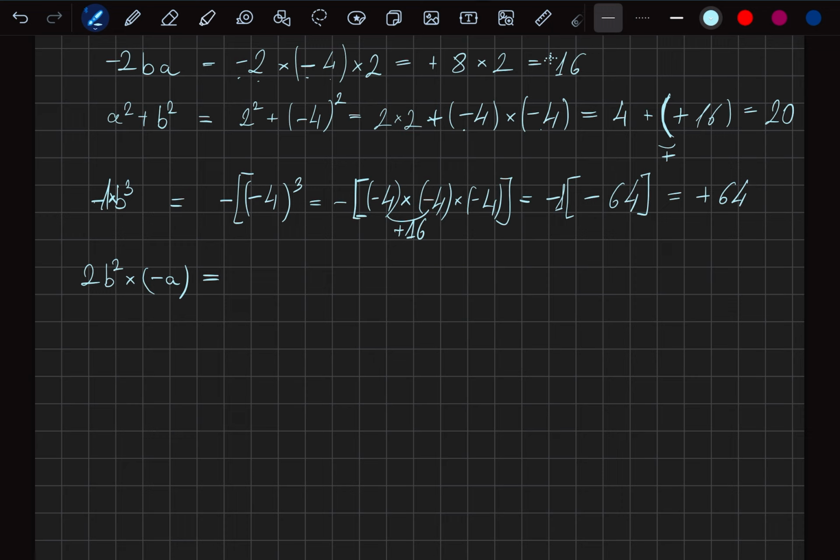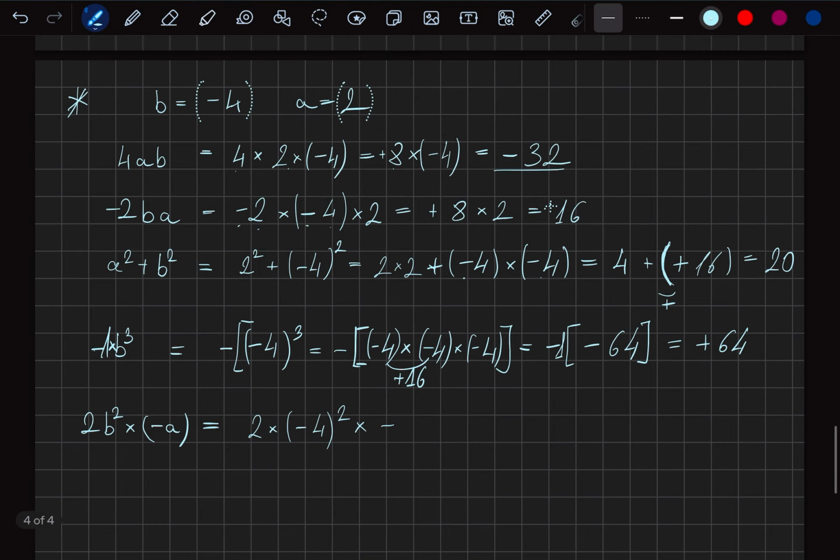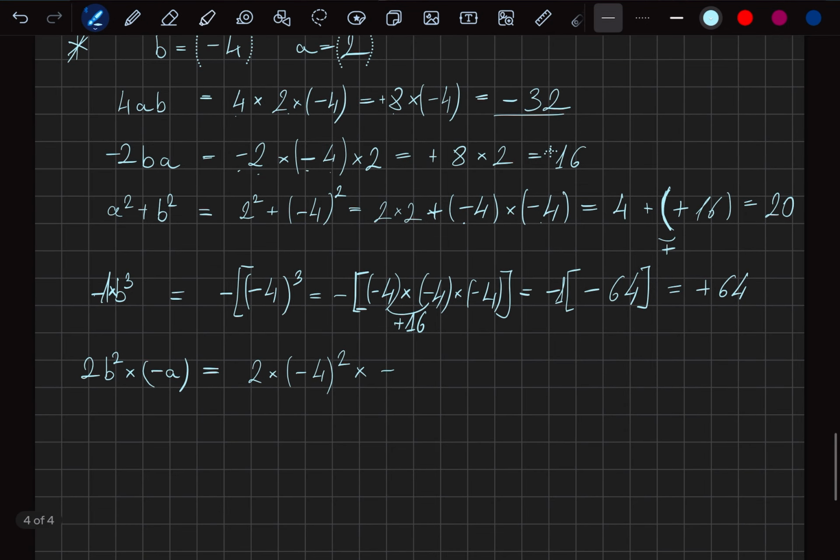use these things. So 2 times minus 4 to the power 2 times minus a is 2, so minus 2. If the a is minus 2, then minus 2, double bracket. Okay, it's just an example, but right now it's positive.